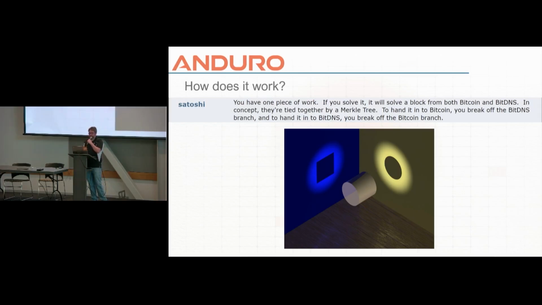A lot has been made of this recently, both merge mining and many other ways to handle these L2s and sidechains. But most of it goes to, well, let's create a shitcoin, and then we'll say, hey, we're going to merge mine Bitcoin, and there's tons of them out there.